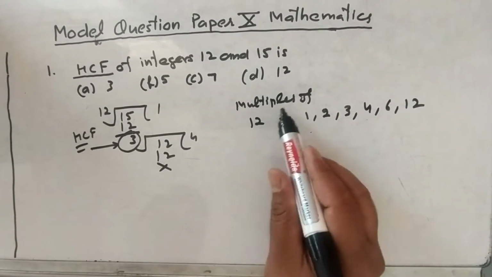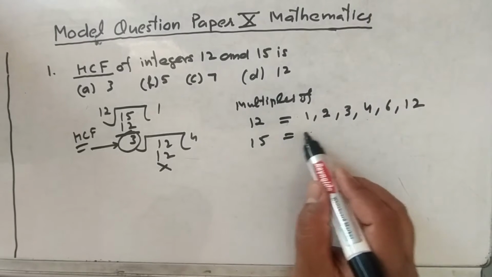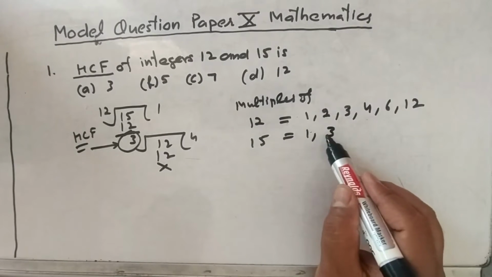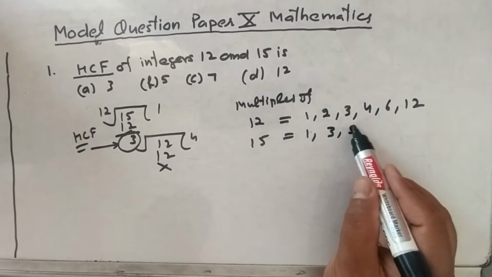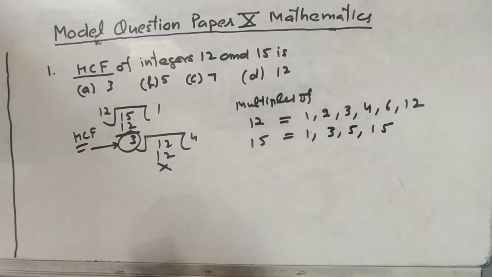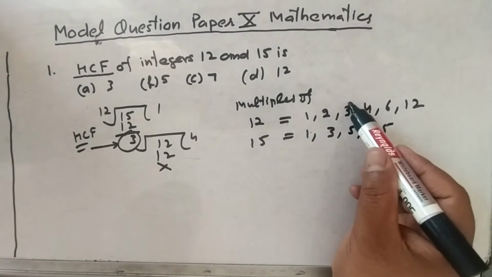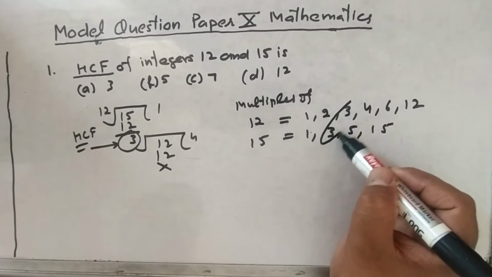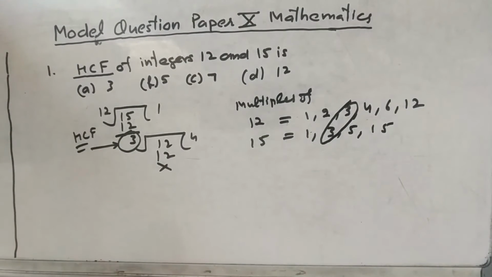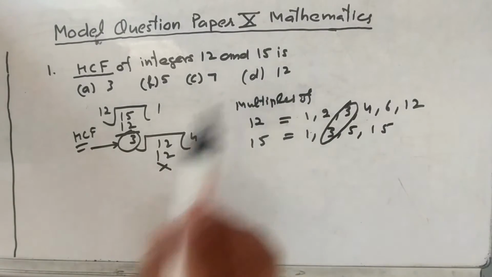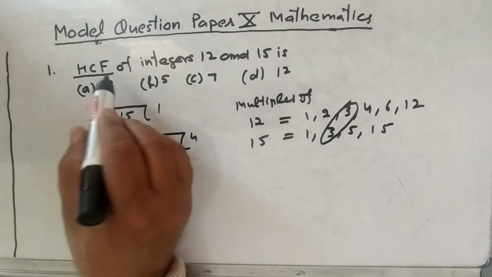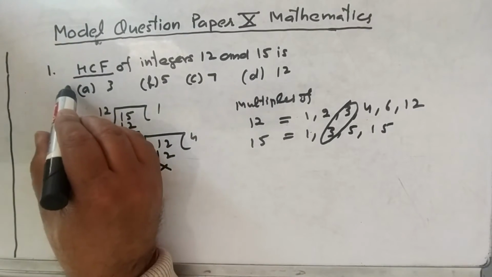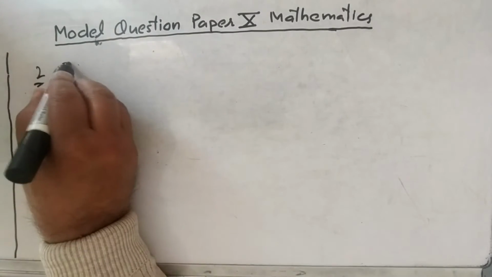Similarly, you can write the multiples of 15. This is 1, 3 (3 fives are 15), 5 and 15. So children, the highest common factor is 3. So this is the way to find HCF of two integers. So the answer to the first part is A.